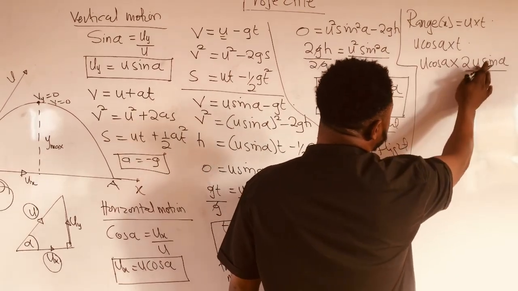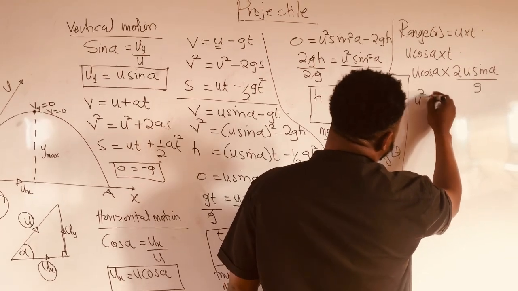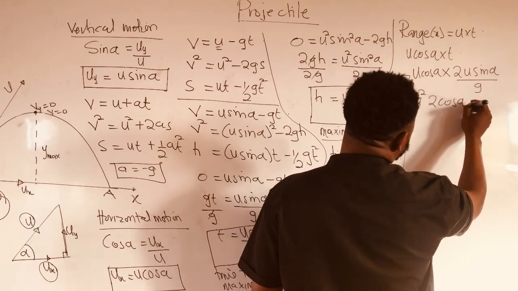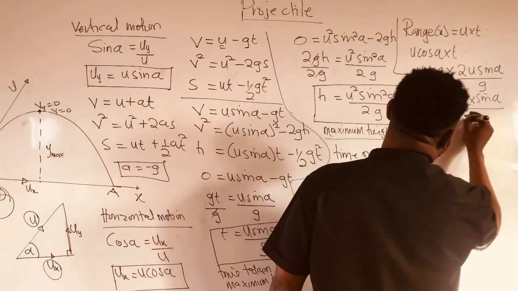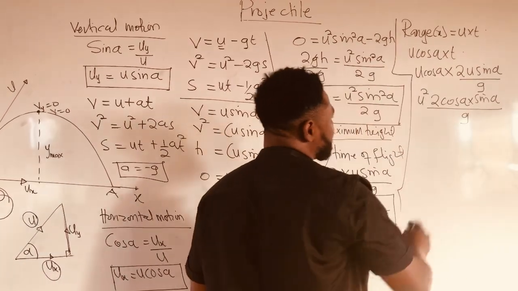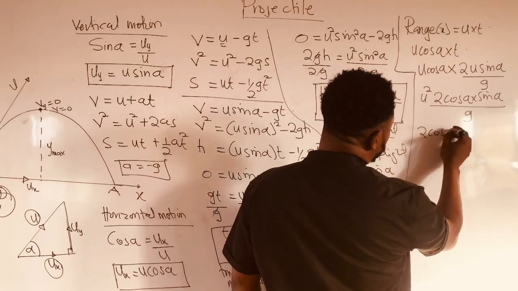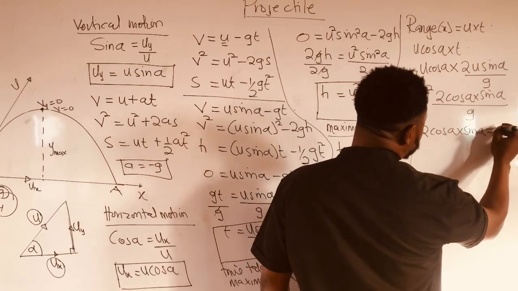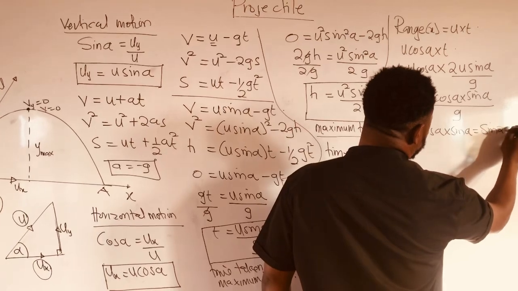So we are going to multiply this. u will multiply this, we are going to get u squared, 2 cos alpha times sine alpha all over g. And from trigonometry, anytime we have 2 cos alpha times sine alpha, it will be equal to sine 2 alpha.